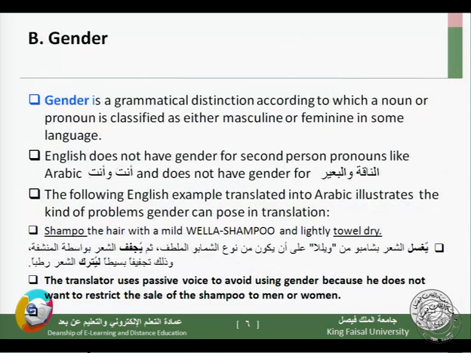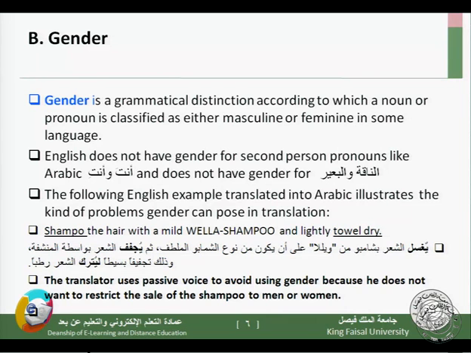And let's move to gender here. This is a bit more difficult and more problematic. Now, what do we mean by gender? Gender is a grammatical distinction according to which a noun or pronoun is classified as either masculine or feminine in some languages.